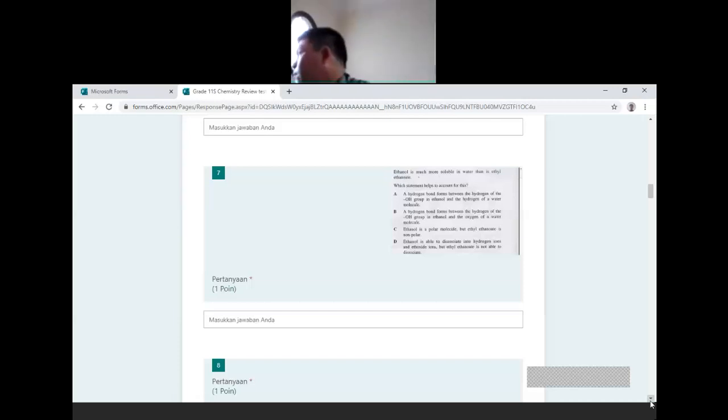Ethanol is polar and ethyl ethanoate is non-polar. The statement is correct, but option C does not explain and does not answer the question.